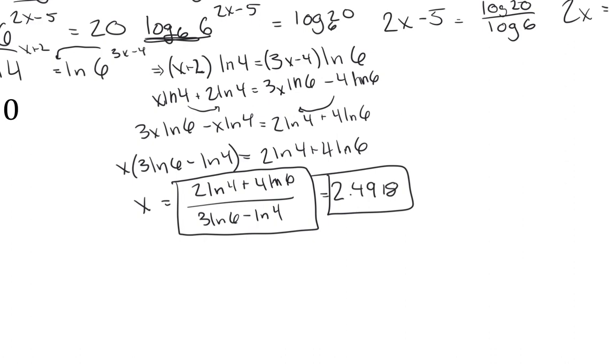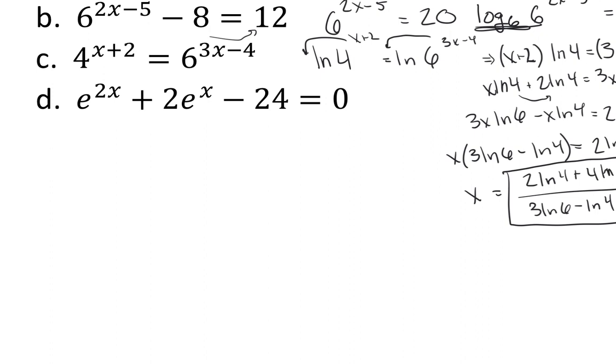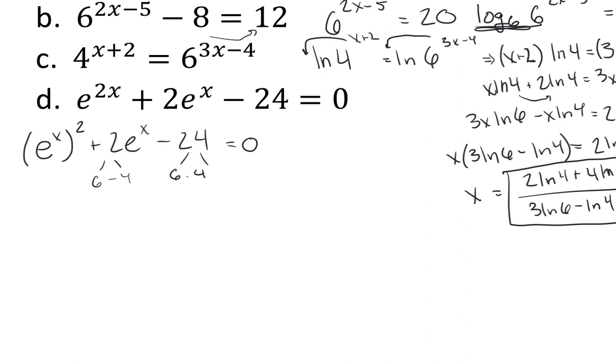Okay, so part D, we have this. This is going to be equal to e to the x squared plus 2e to the x minus 4 equals 0. So what we have here is a quadratic. Basically, we can separate this into 6 and minus 4, and that's going to be 6 times 4.